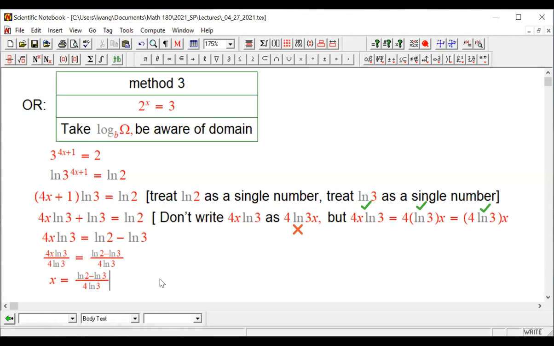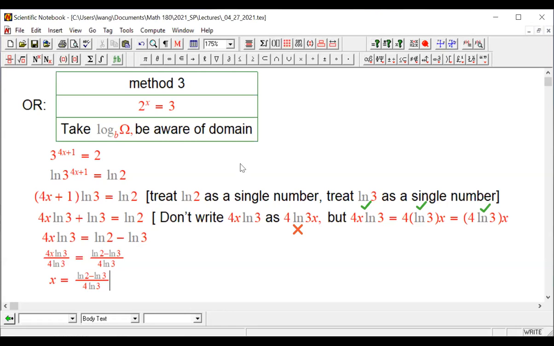May I ask you guys to take your time to reproduce the steps, and then I'm going to show you another way. I want to show you some of the algebraic flexibilities which you will need.